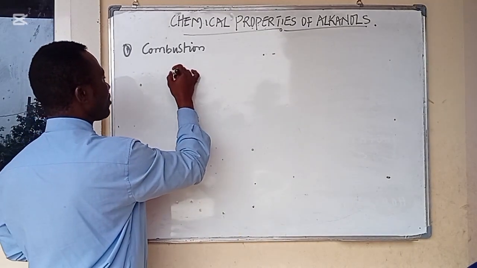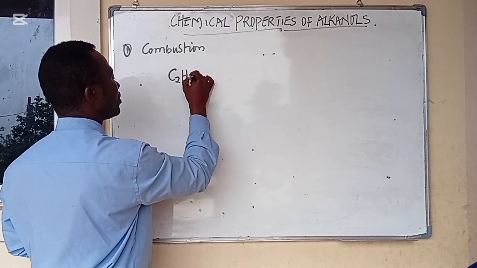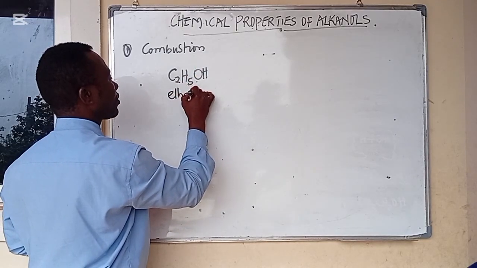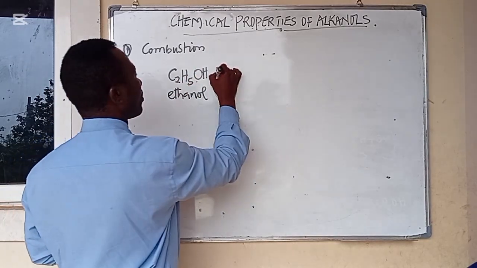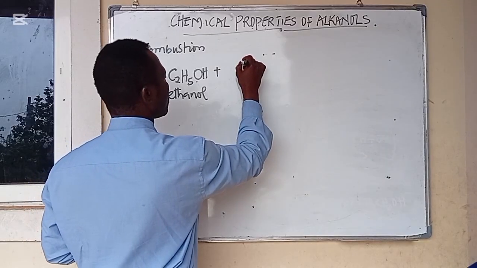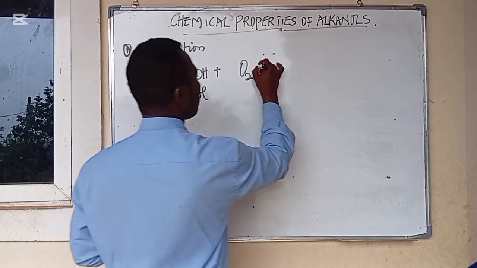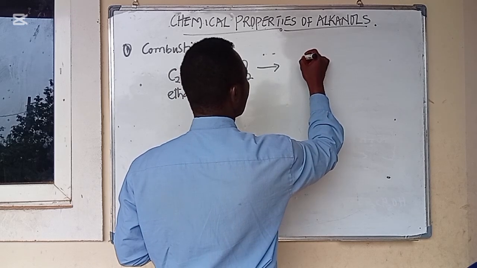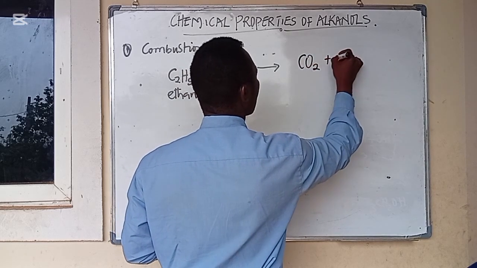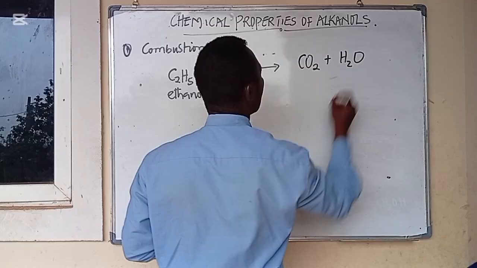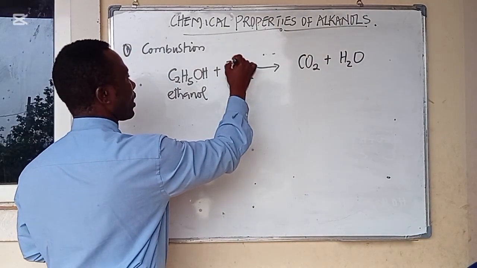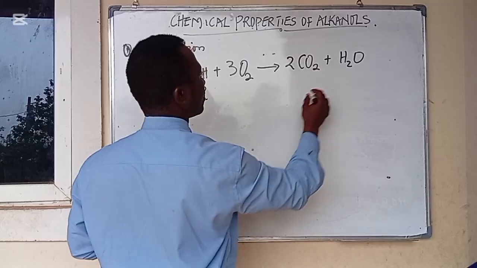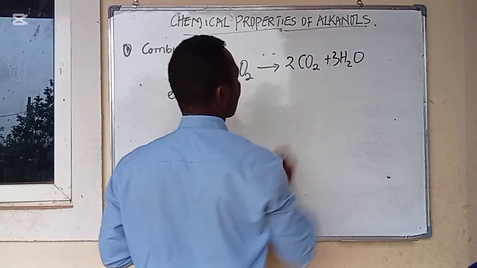They burn in oxygen to give carbon dioxide and water. Example, if we take C2H5OH, which is what? Ethanol. When ethanol burns in oxygen, it will give you carbon dioxide and water. So we'll have CO2 plus H2O. We can balance the equation by putting 3 here, then 2 here, then we have 3.